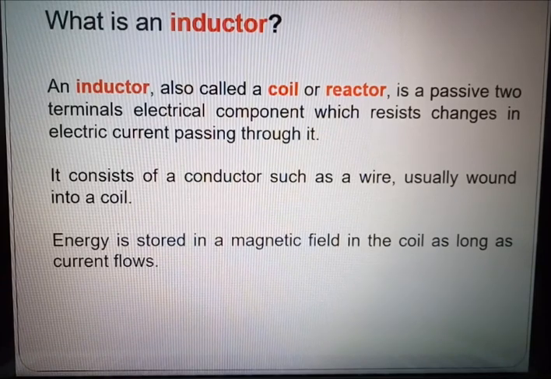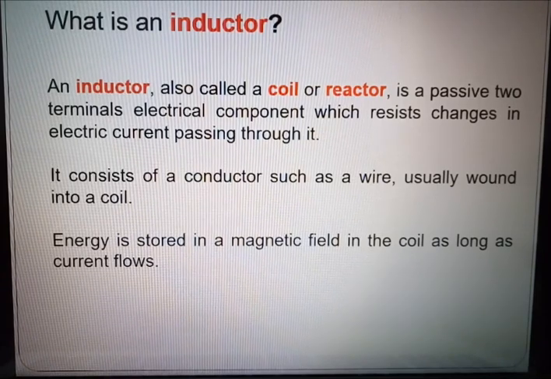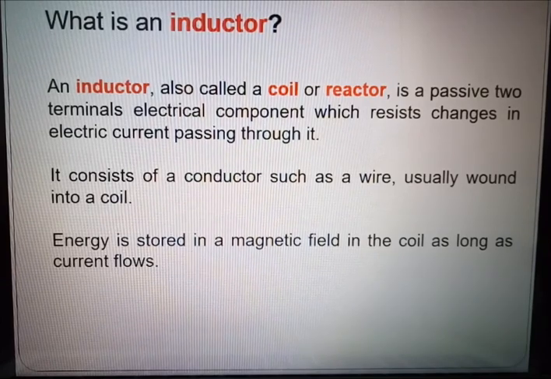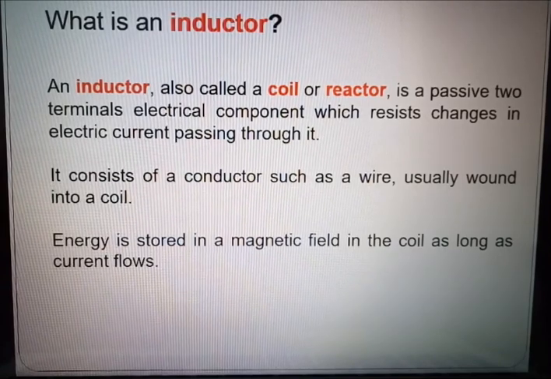It consists of a conductor such as a wire, usually wound into a coil. Energy is stored in a magnetic field in the coil as long as the current flows. So that is the meaning of an inductor.